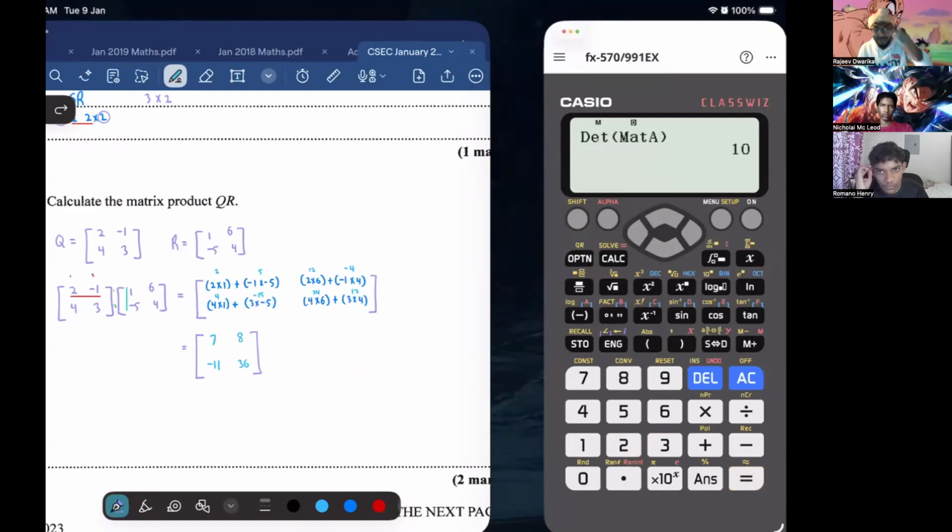You could find the determinant on a Casio. But then again, they're going to ask you for workings and everything, so this could just be the correction. Just make sure you get your answer correct. If you want to check if your answer is correct, you could do this.